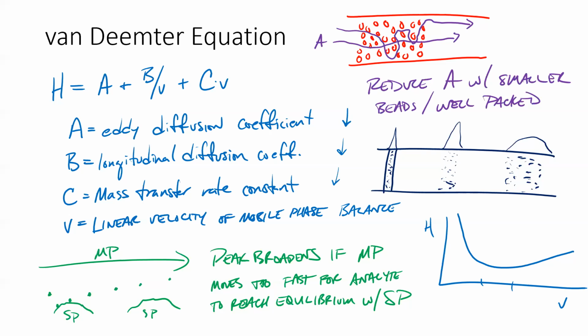Changing B and C terms require changing the velocity, but likely we're already somewhere in this minimum. And if we go lower, we're going to increase it due to the B term. If we go faster, we're going to increase it due to the C term.